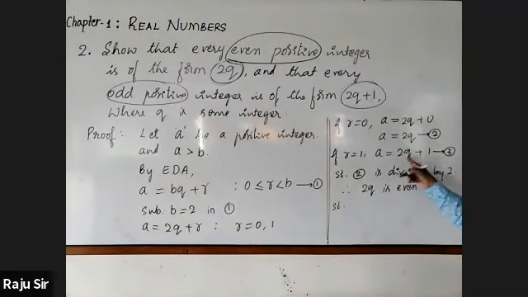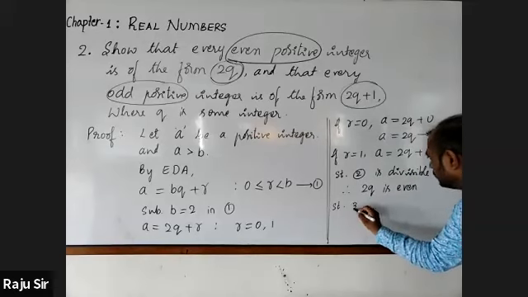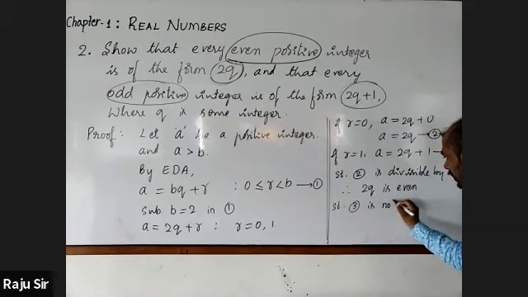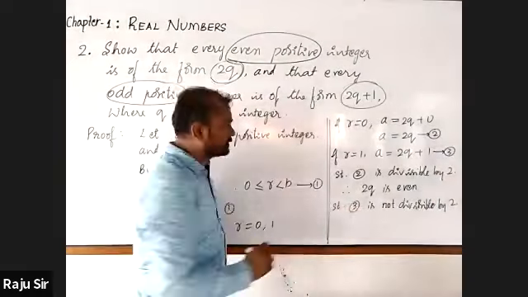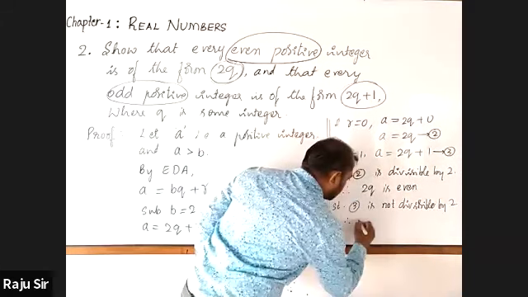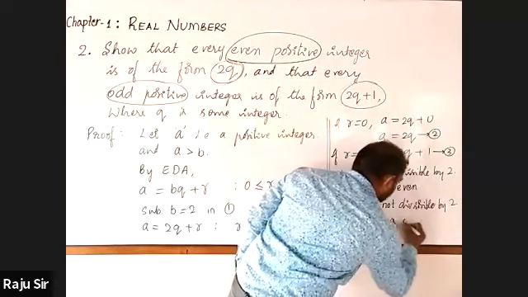Observe this: A equal to 2Q plus 1. It is not divisible by 2. So, here you can write statement 3 is not divisible by 2. Therefore, 2Q plus 1 is odd.